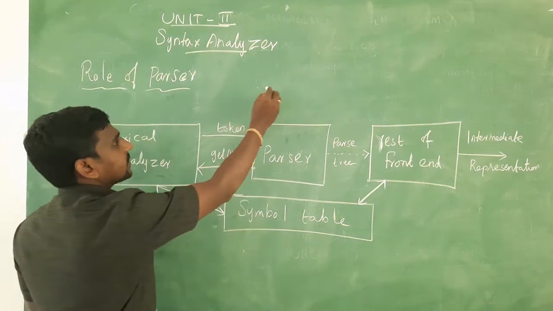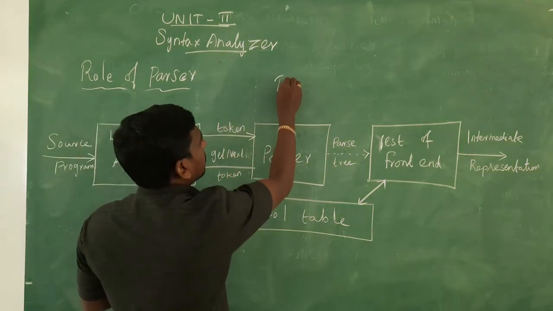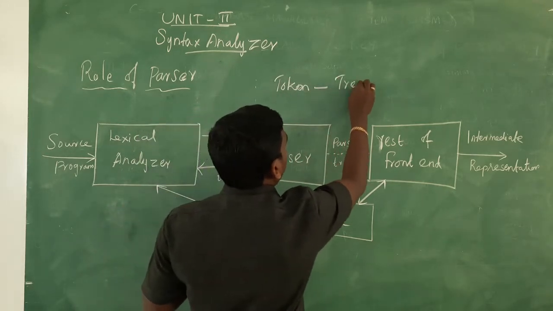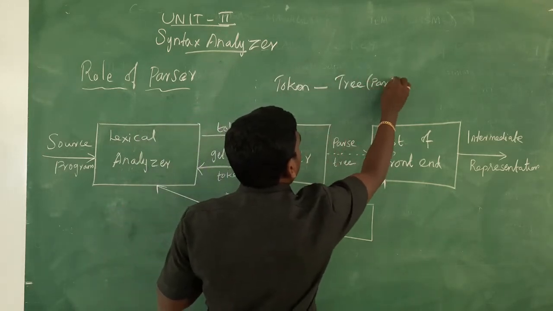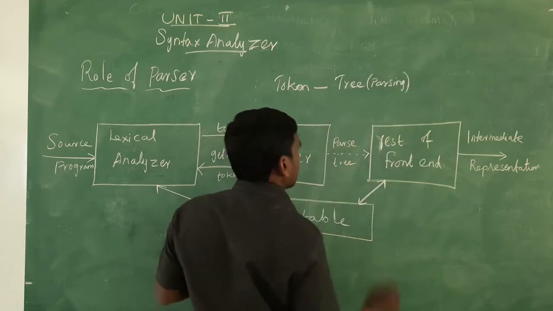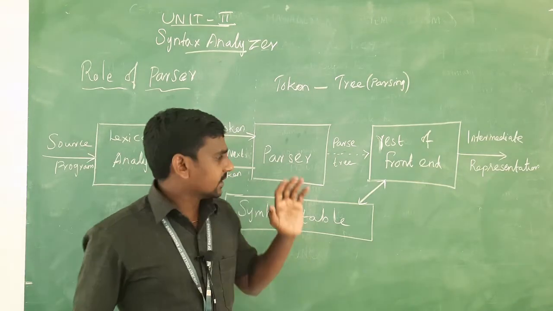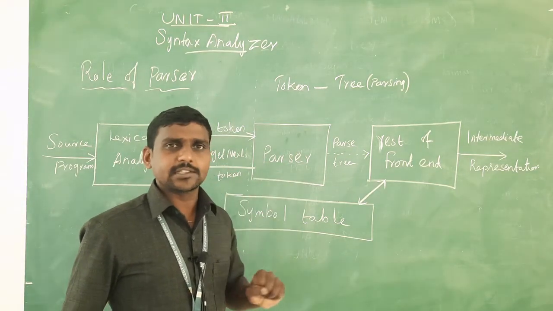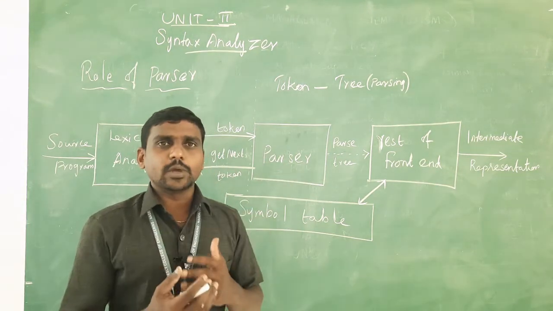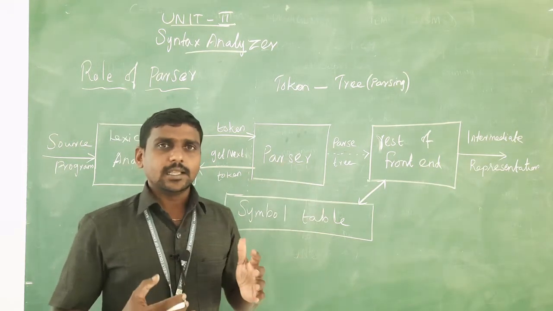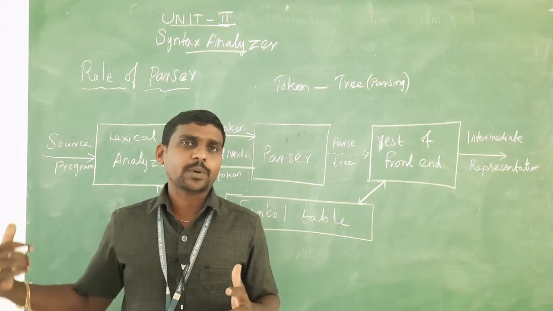Now in this video class, I am going to teach you the role of parser. The parser's role is to convert tokens into a parse tree. This is very important in compiler design; this is the heart of compiler design, we can say. Another thing you have to understand: we are going to see many types of parser.